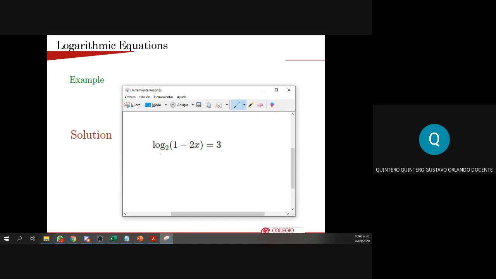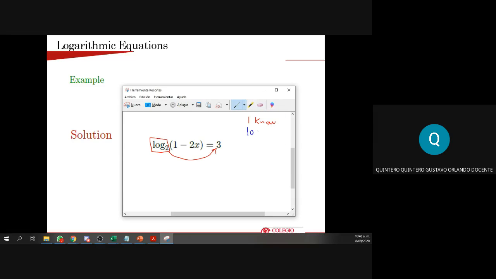So Danny, what we are trying to do is get rid of this logarithm base 2. Remember, we are isolating the variable. So if we want to isolate it, we want to take this logarithm base 2 and pass it to the other side. But we know that logarithms are the inverse.